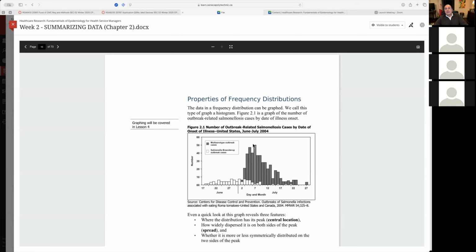But if you look at the spread and see that the curve we can draw is not symmetrical and not a perfect bell-shaped curve, then we call that a skewed curve. The curve may be skewed negatively or positively, so to the left or to the right. Since the frequency distribution is not normal, we call that a non-normal distribution.